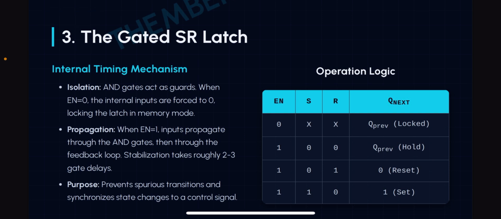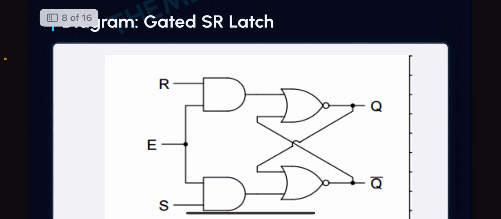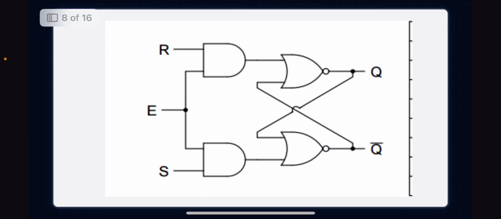So with the gated SR latch, what we are doing basically in this one is the controls of these. If you look at the diagram of the SR latch, you have what you call the enable. This allows you to control when the inputs of the S and R are going to be passed on to the SR latch.